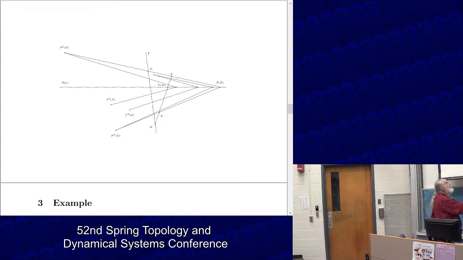M is the first intersection of the stable manifold with the divider. So this is some technical assumption which is necessary in the proofs.